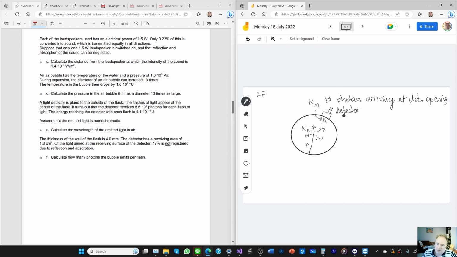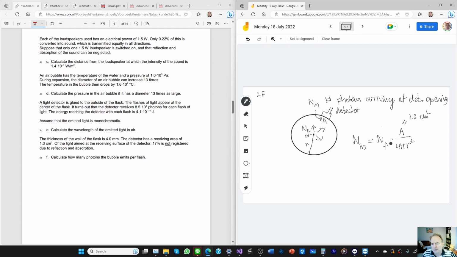So as I mentioned, then we have that n in is equal to nf, the total number of photons that are emitted in all directions, times the area A, which is 1.3 square centimeters, divided by the surface area of a sphere.